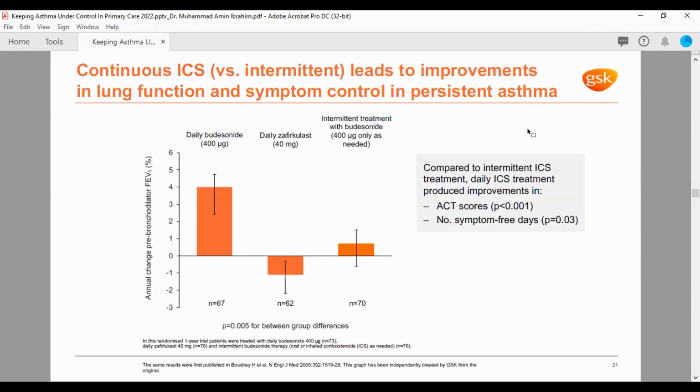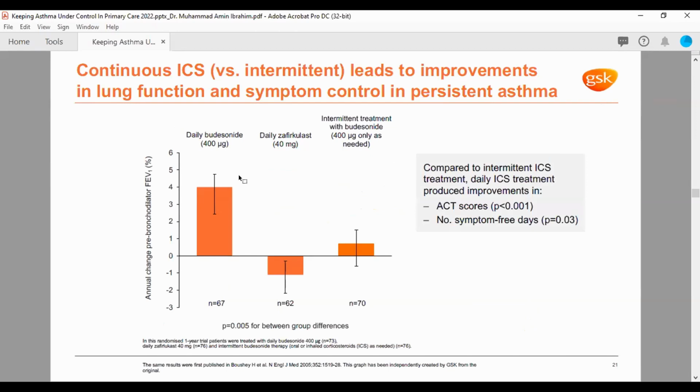Now, in this study, we compare 3 arms of asthma preventer, 3 types of asthma preventer. The first is regular budesonide. The second arm is daily zafirlukast. And the third arm is intermittent use of budesonide whenever the patient has symptoms.